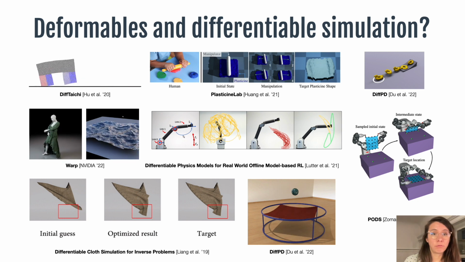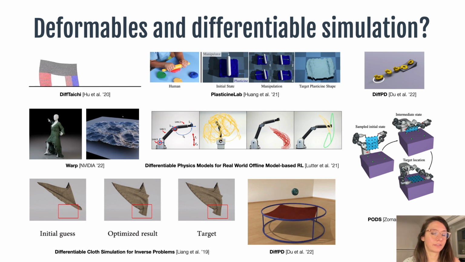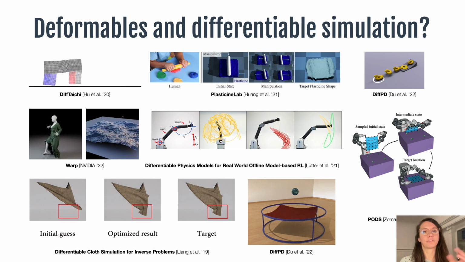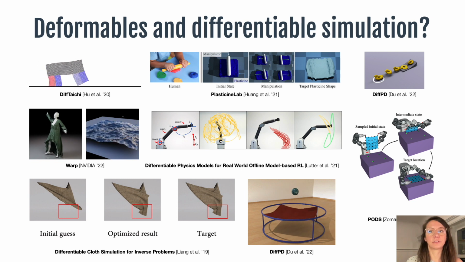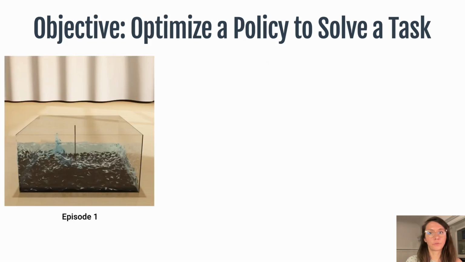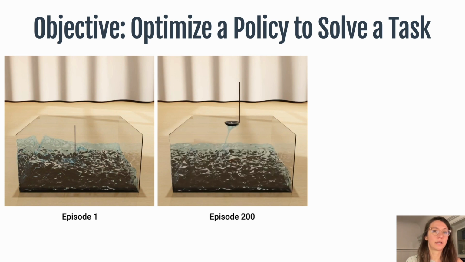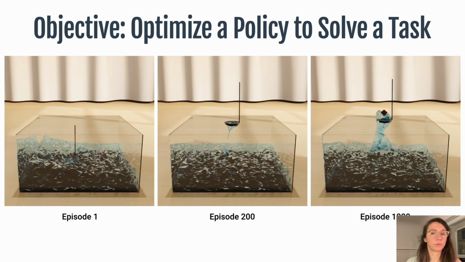Today, I will present work where we set out to answer this question of whether, for deformable objects, differentiable simulators make more sense and present fewer challenges. To answer this question, we consider a variety of optimization problems, including policy optimization in tasks with highly deformable objects and liquids.